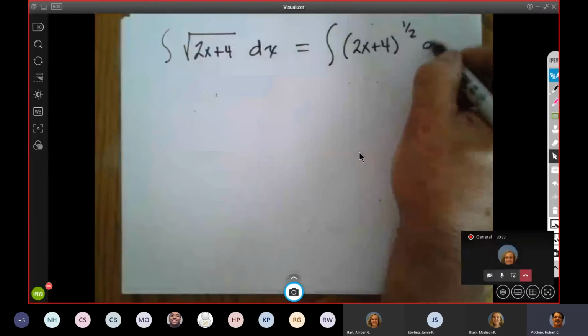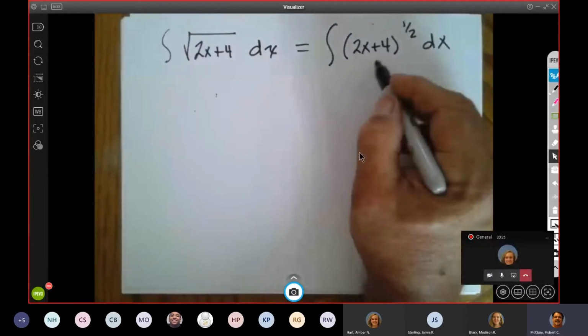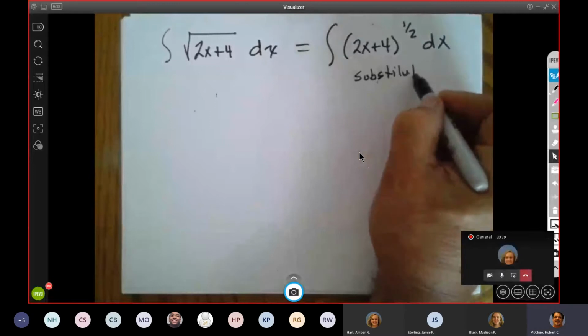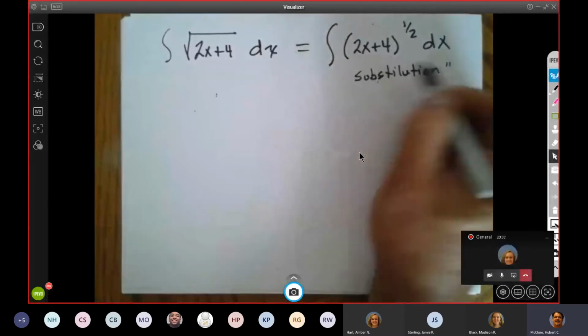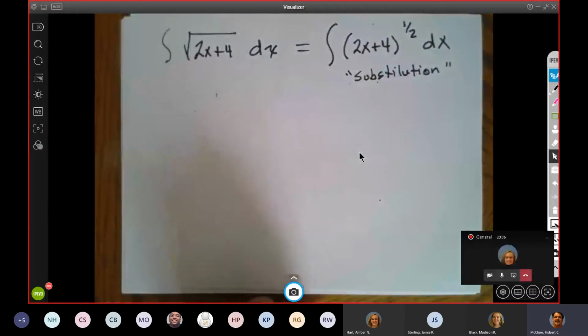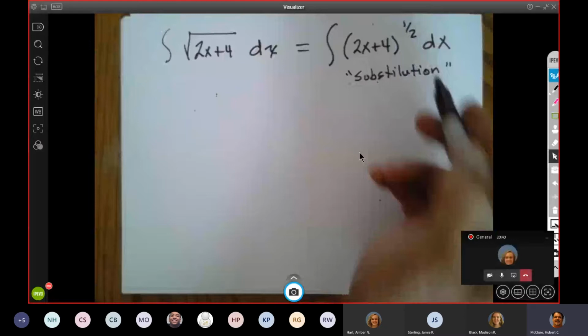Now we're going to get into this later. This is where we do substitution. So we ain't got there yet. This is about the 3rd or 4th step after we learn the basics. Okay? Right before we go into trig, we learn the substitution method.